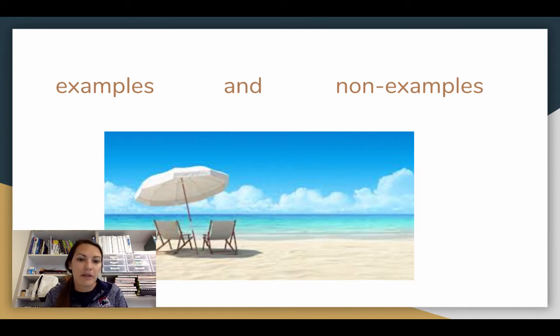Some non-examples would be something like a shadow. A shadow, I can't take the mass of. I can't know how much stuff a shadow takes up. It's just the absence of light over a particular area. Another non-example of matter would be waves.